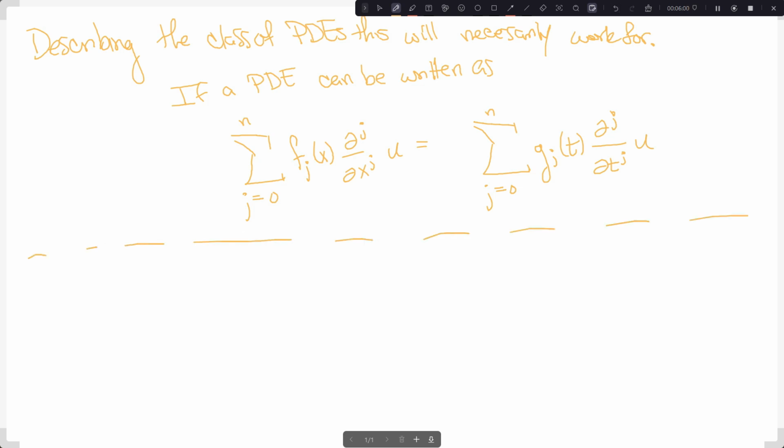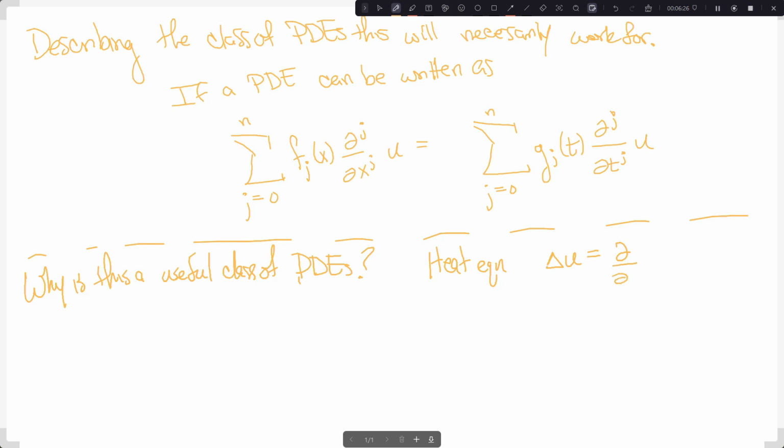Why are these useful? Why is this a useful class? PDEs. Well, let's consider these again. Heat equation. That's delta u equals partial t u. That's exactly in the above class, because the left-hand side is only derivatives of x, the right-hand side is only derivatives of t.